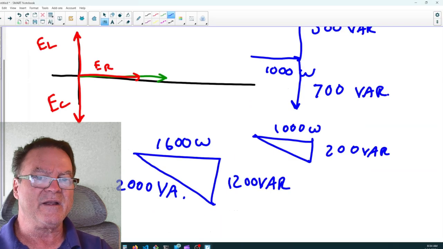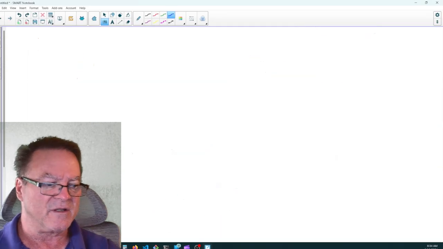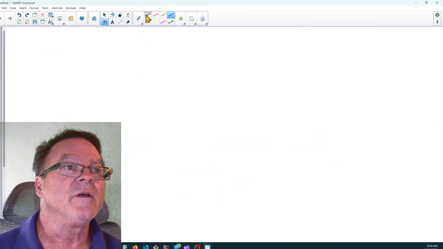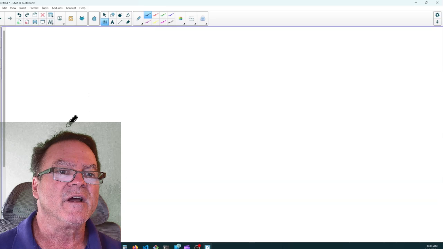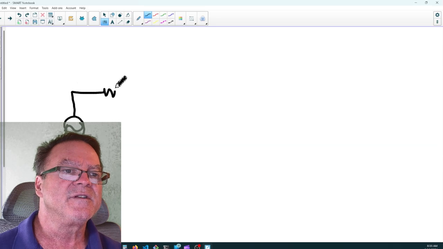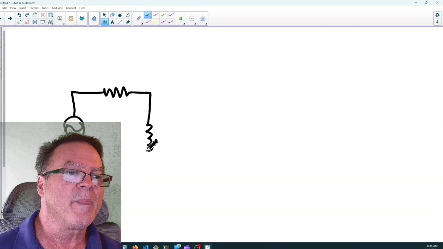So let's go ahead and do this one. Let's take a look at this a little closer. We want to know what's going on here. So let me just real quick say that I have a generator, and it's a series circuit, and I have a resistor and an inductor.